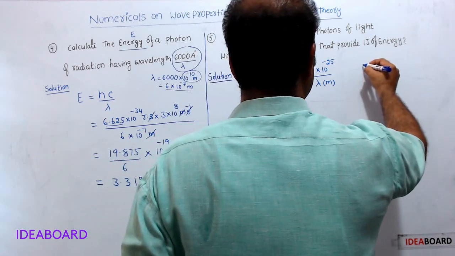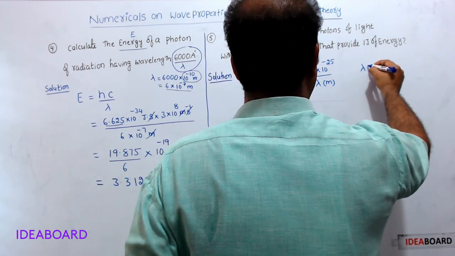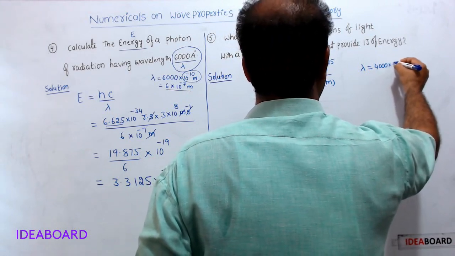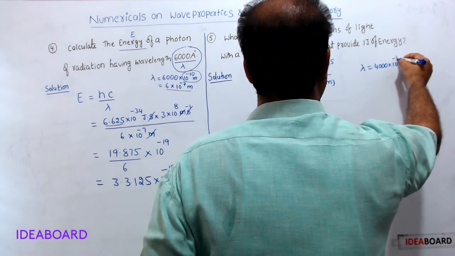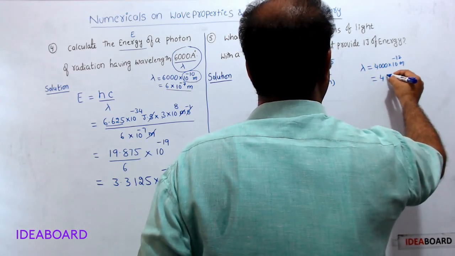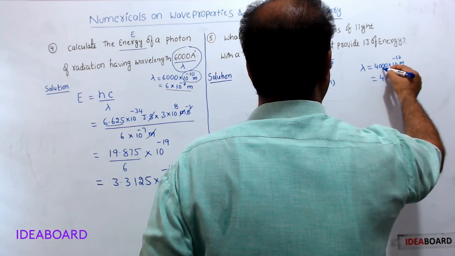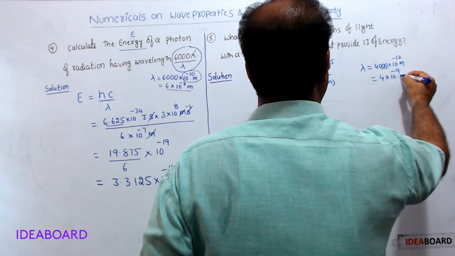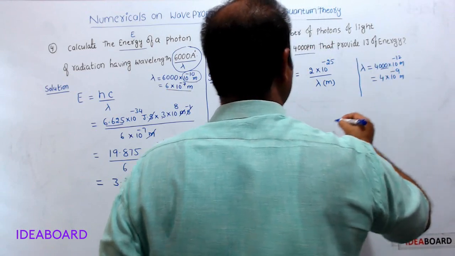But here lambda is given as 4000 picometers. Picometer means 10 power minus 12 meters. So after simplifying this, 4 into 10 cube into 10 power minus 12 is 4 into 10 power minus 9 meters. This is the lambda value.